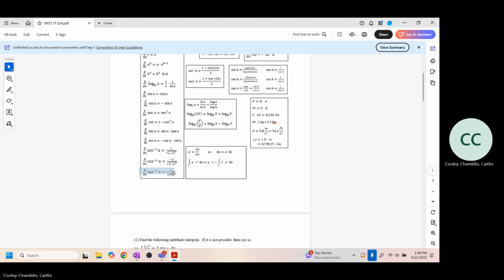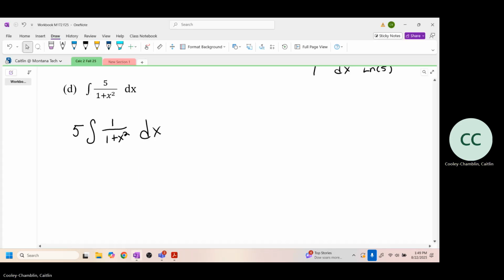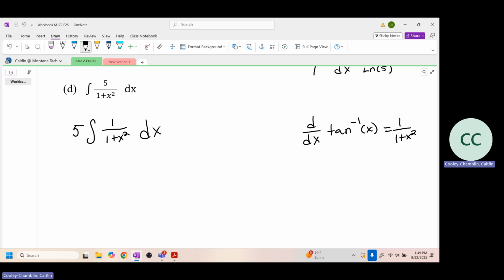Okay, so notice this very last one. We have the derivative of tan inverse is 1 over 1 plus x squared. So I'm going to come off to the side. The derivative of tan inverse of x is 1 over 1 plus x squared.